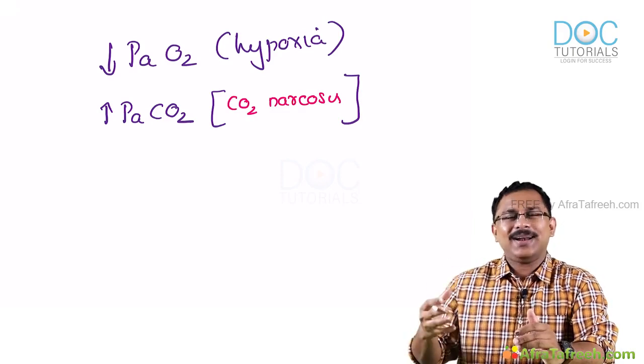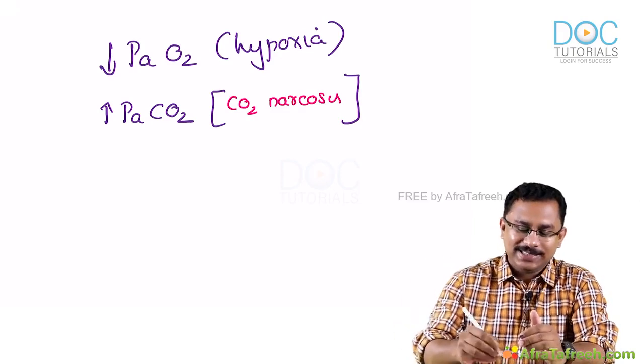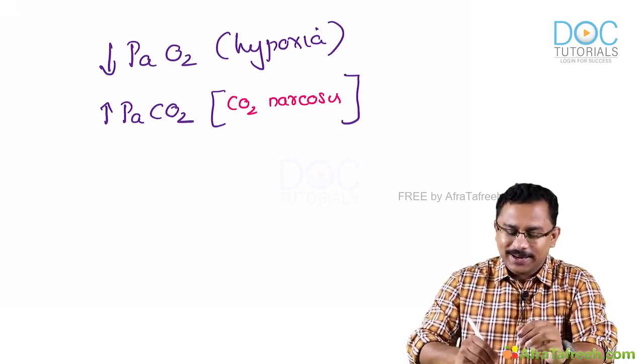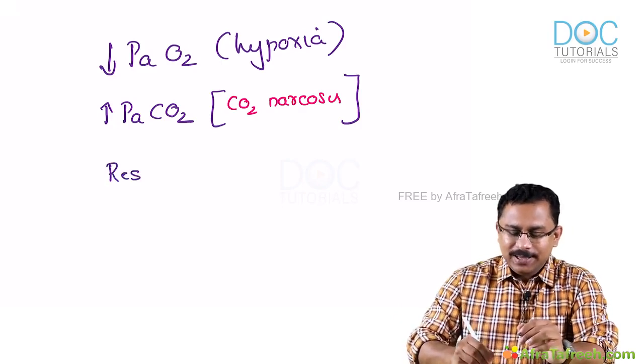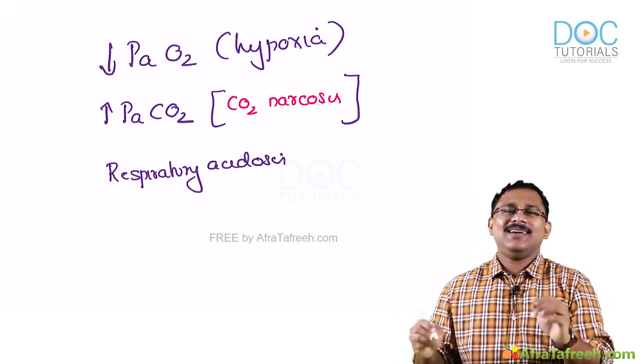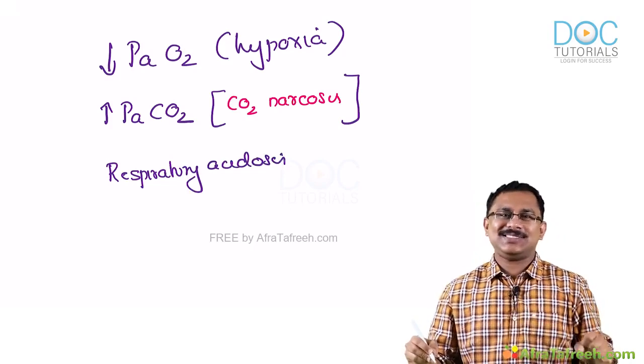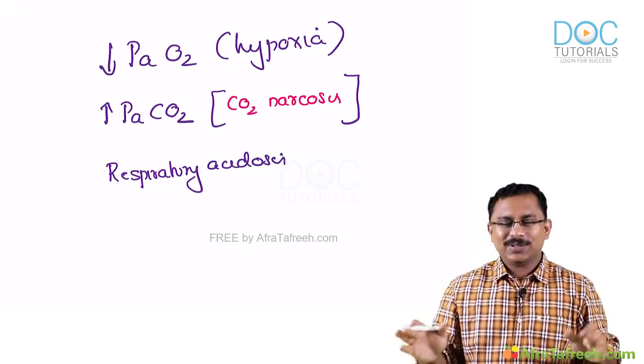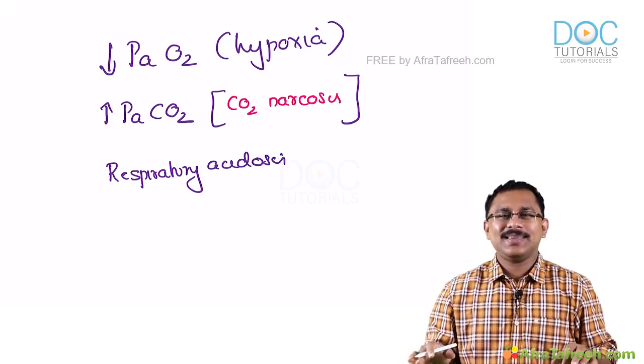And when there is a carbon dioxide accumulation, you tell me what is the acid base abnormality that you are expecting. There will be respiratory acidosis. Correct? Alright. So there occurs respiratory acidosis.